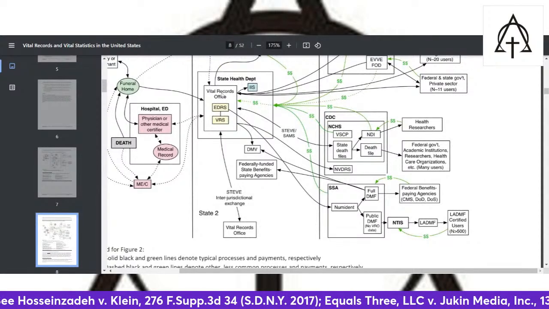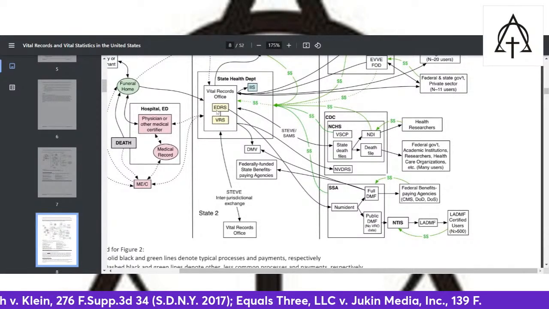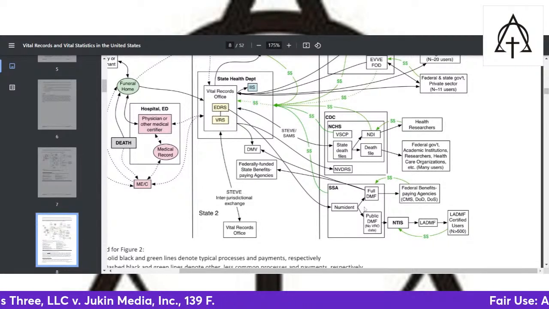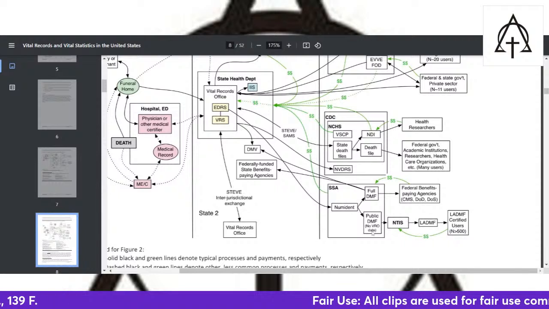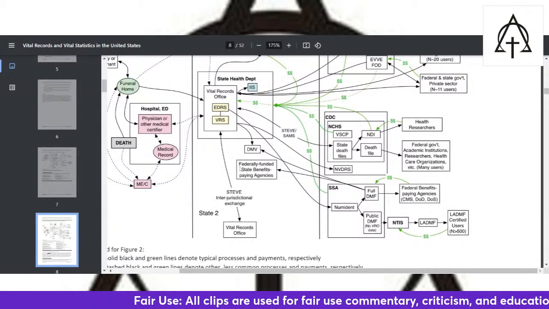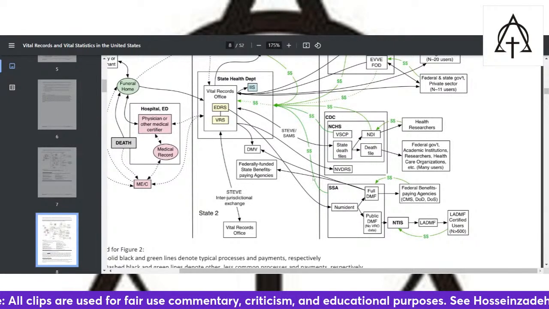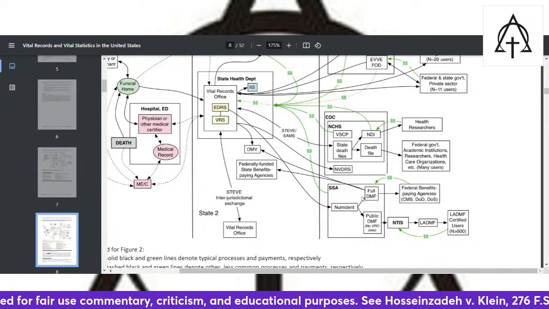State Health Department, Vital Records Office, Electronic Death Records System, Vital Records System, and this is all in regards to the Numident, full DMF, public DMF, domestic master files. Federally funded state benefits paying agencies. They go from the Numident.